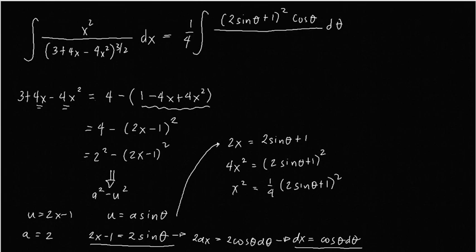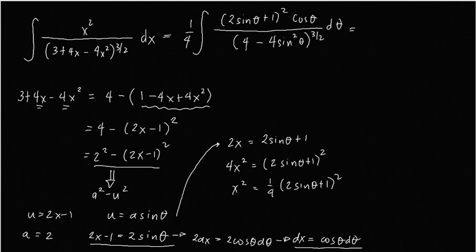divided by this 3 plus 4x minus 4x squared, which is actually this one. So this will be equal to what? 4 minus this 2x minus 1, we replaced it with 2 sine of theta. So since it is squared, we will put here 4 sine squared of theta raised to 3 halves.